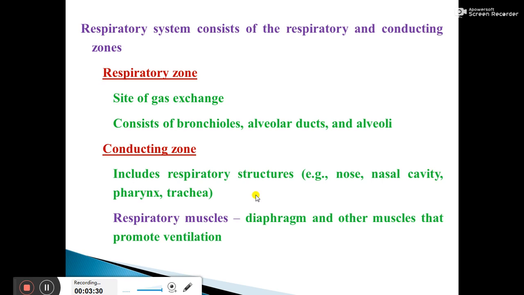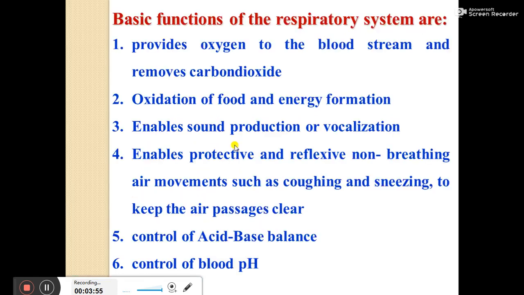So the diaphragm and intercostal muscles assist in the respiration process. So now you know that the respiratory system consists of two parts: the respiratory zone, which is the actual site of gas exchange, and the conducting zone, which, as the name suggests, is the conducting structures.